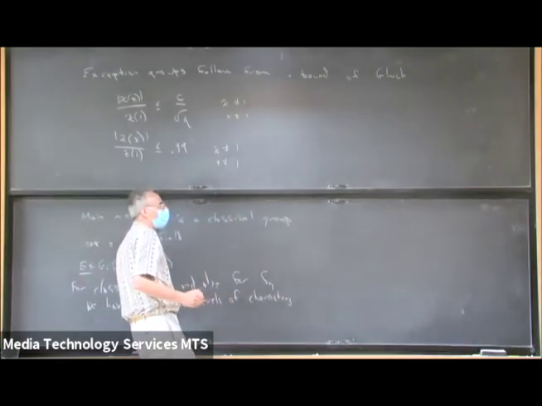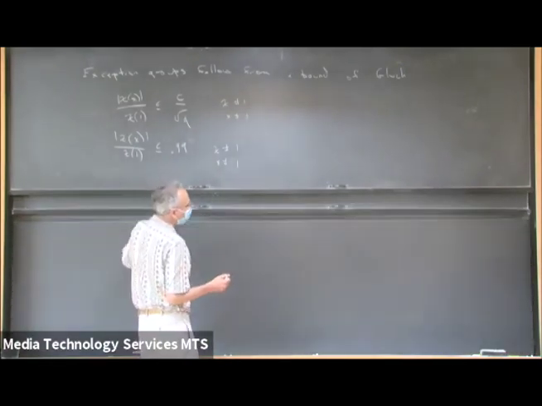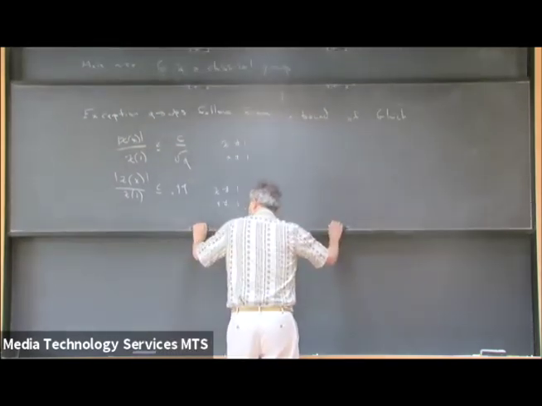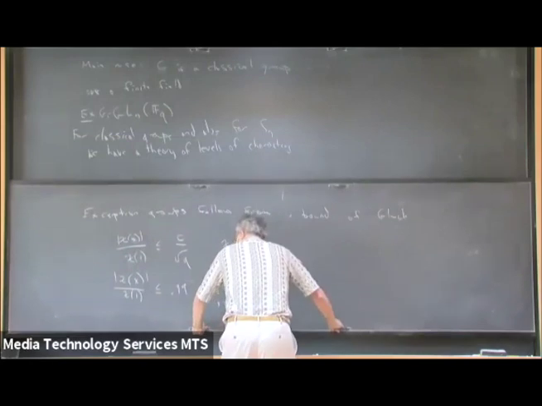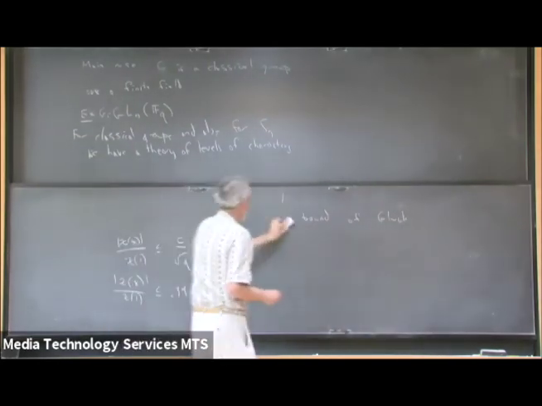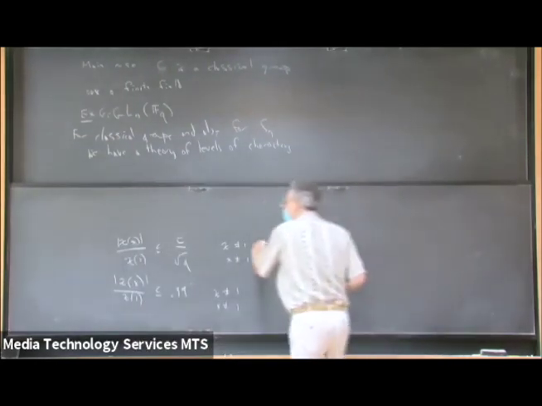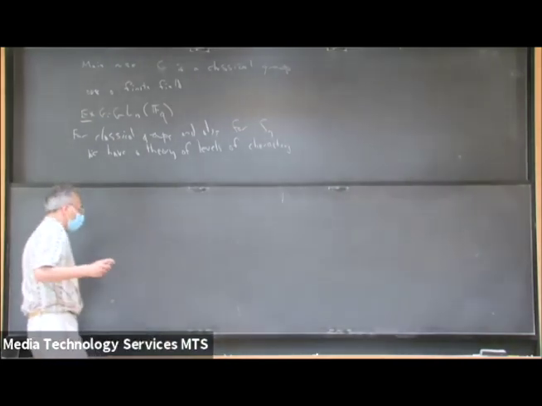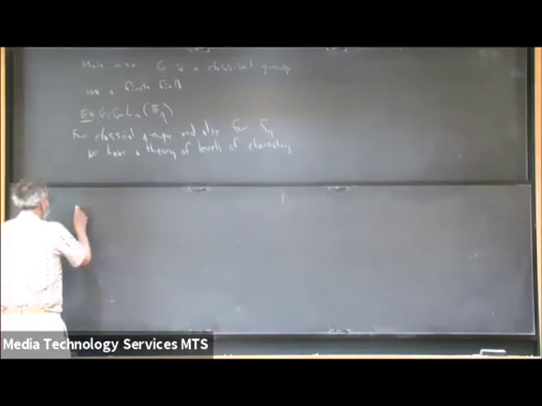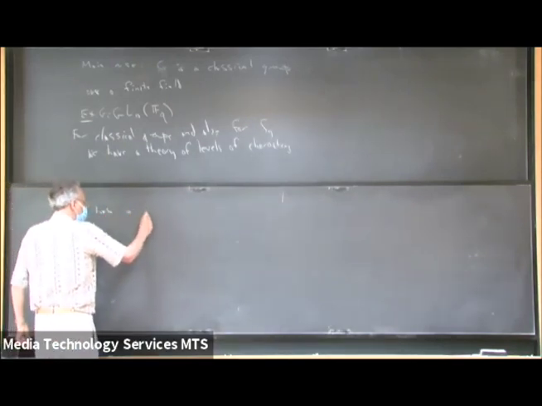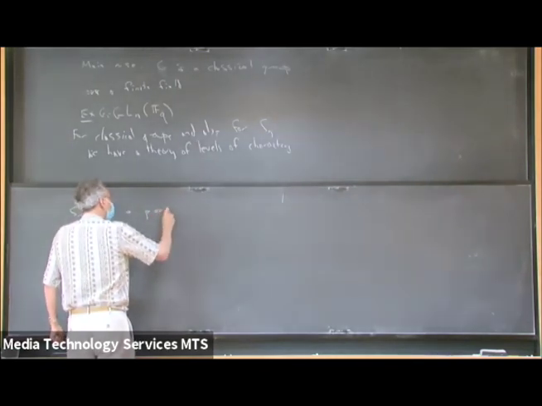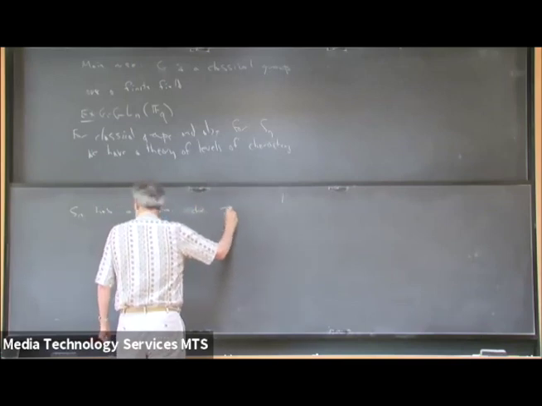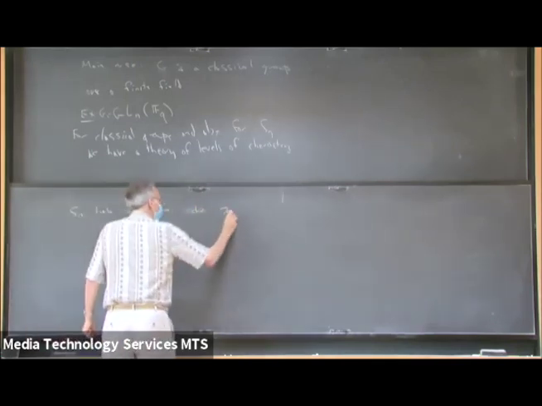So if I tell you what it looks like for S_n, I think you'll maybe be able to guess how it works for GL_n of F_q. So what is the story here? So S_n has a permutation representation, a permutation character, I'll say, chi 0.